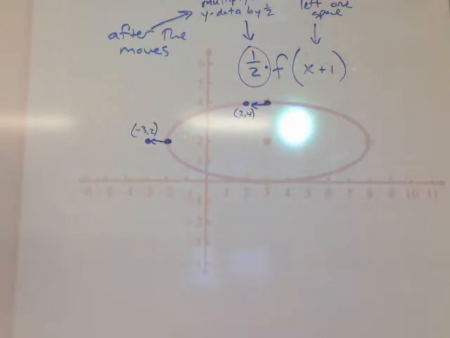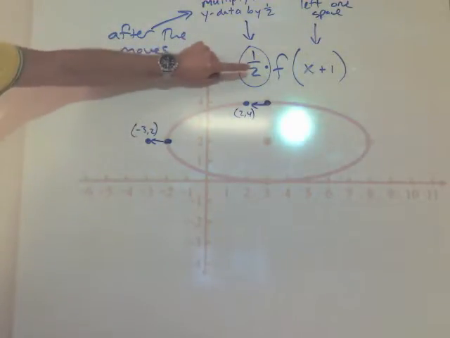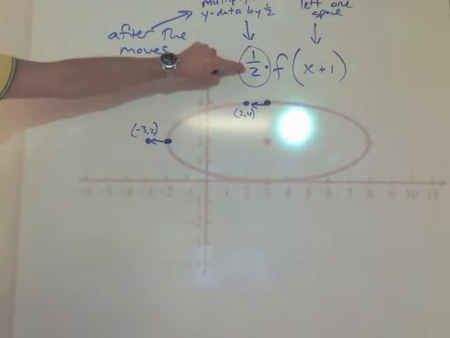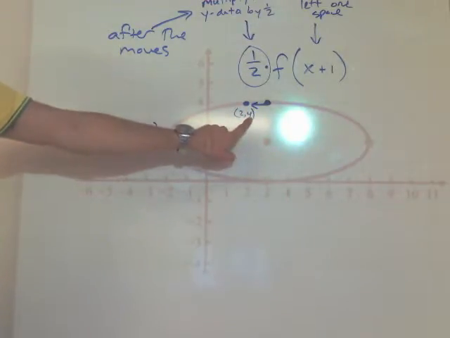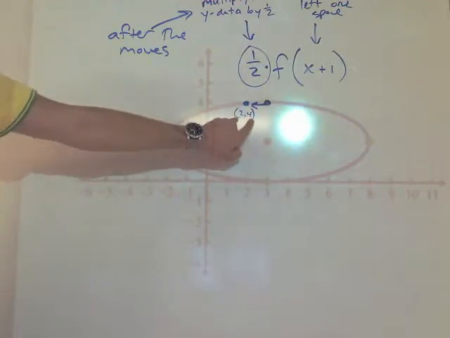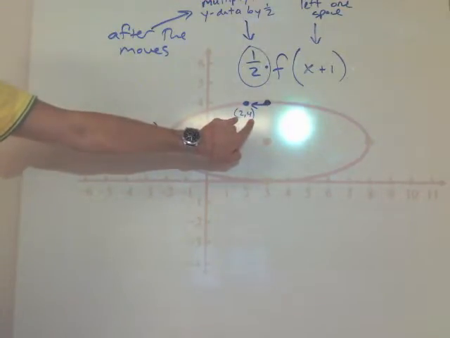After I do all the movements, how do I use the fraction? I multiply the y number only by half. So if I multiply 4 by half, what is that going to turn to? 2. So this point is now going to change to 2, 2.